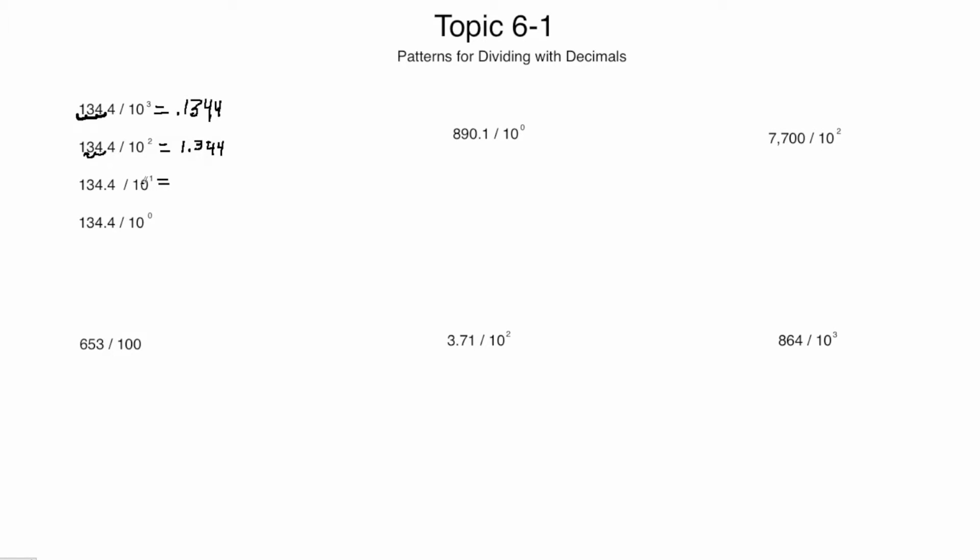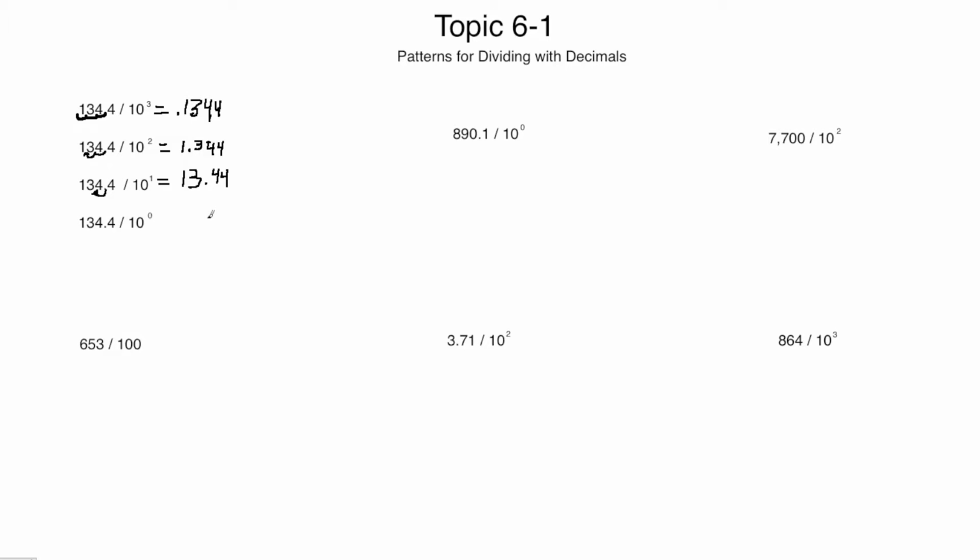The next one, 10 to the first power, is 10. So that means 1 butt cheek to the left. And so now the new decimal goes between the 3 and the 4. So my new quotient is 13 and 44 hundredths.